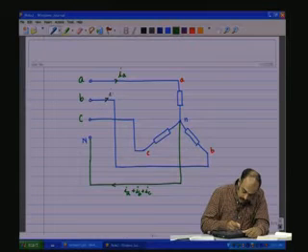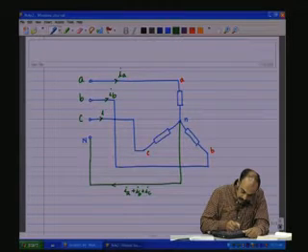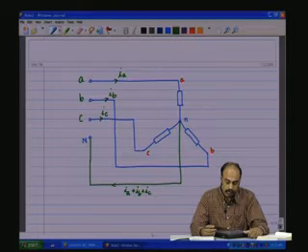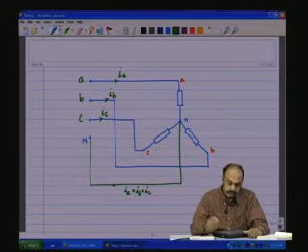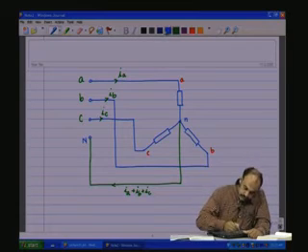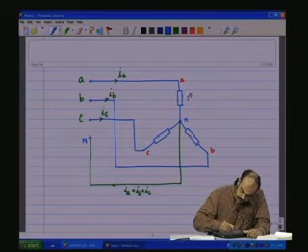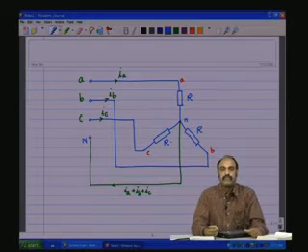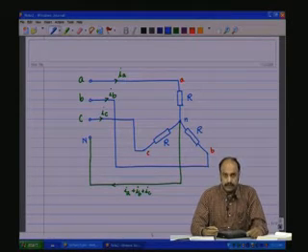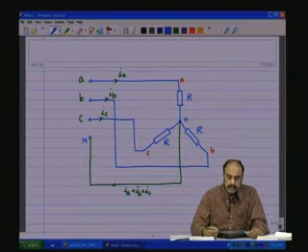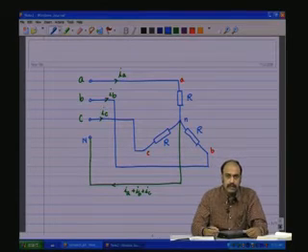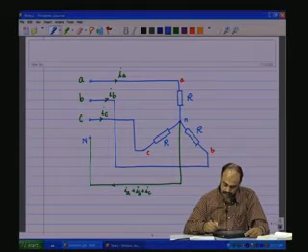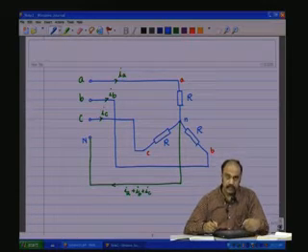So, you have I B and you have I C. Now, suppose they were all equal, all the 3 phases had equal loads, that is, the load resistance of every phase is the same, the value of R, then I A, I B, I C, that is the instantaneous value.